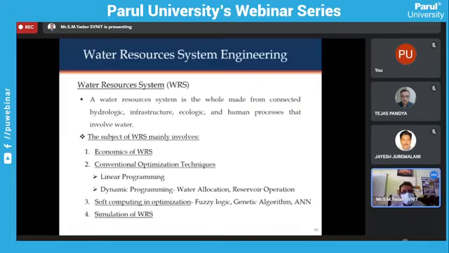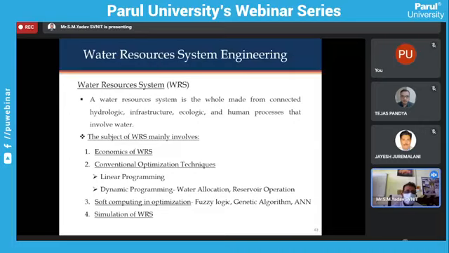Another important subject of water resources is water resources systems, in which we go for the economic analysis of water resources systems. When various alternatives are proposed for execution, we have to compare the possible alternatives, and out of these the best alternative is required to be chosen.